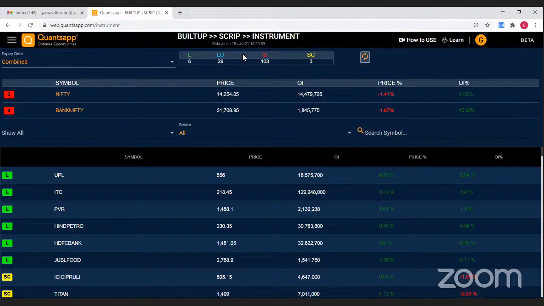So the first thing I do in the morning is see how the build-up is going on the broader two indices, that are Nifty and Bank Nifty.